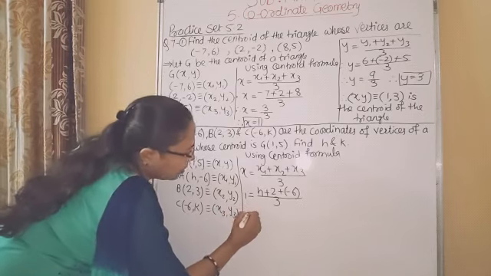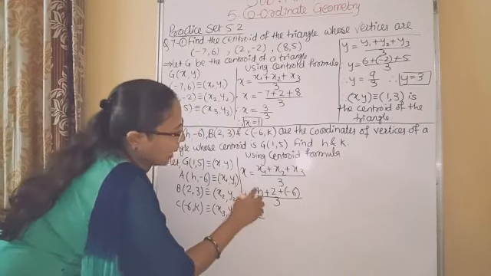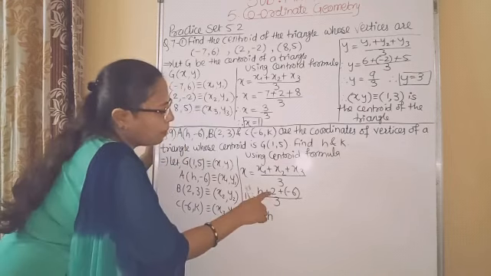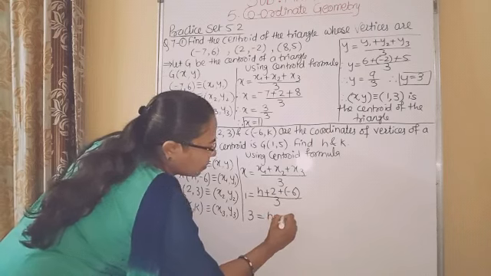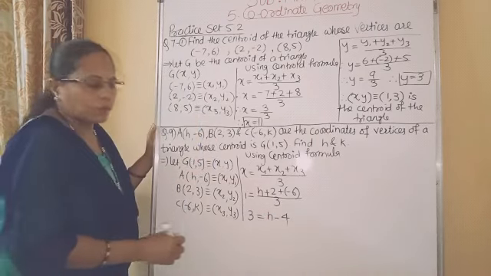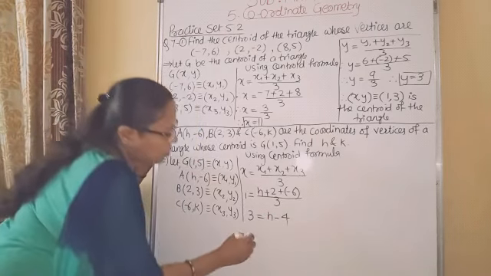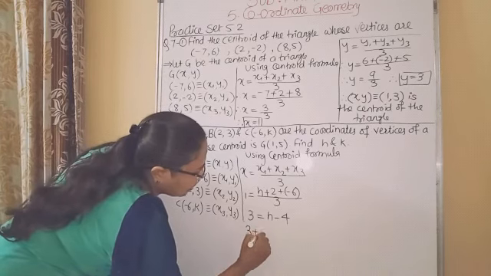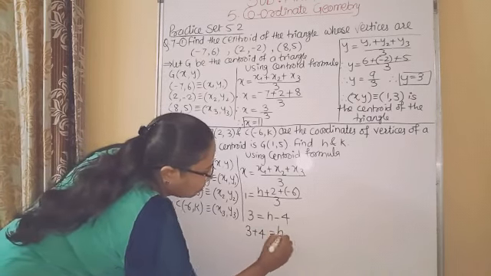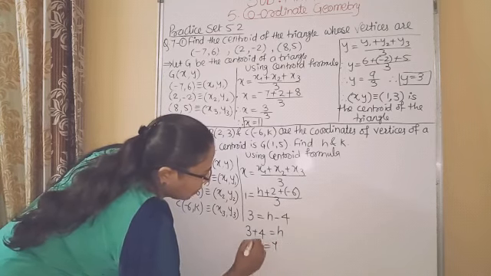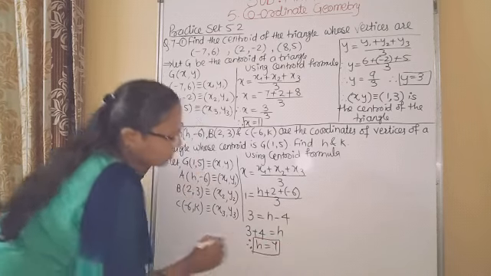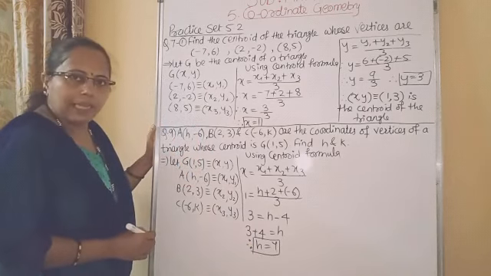So 3 ones are 3 equals h plus 2 minus 6. We will solve this. Plus 2 minus 6 is equal to minus 4. Then take this minus 4 on this side. So we will get 3 plus 4 is equal to h. Therefore h is equal to 7. So this way we got the value of h.